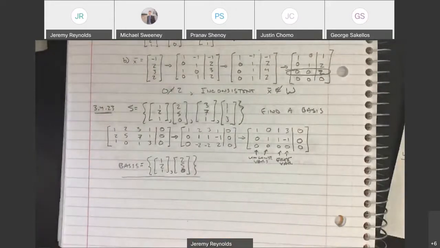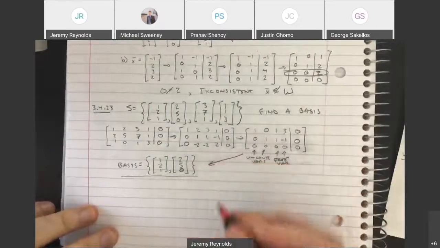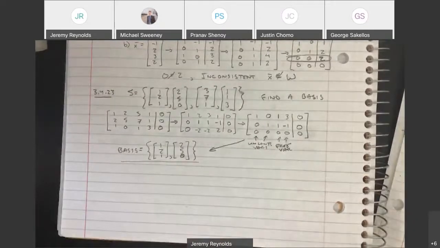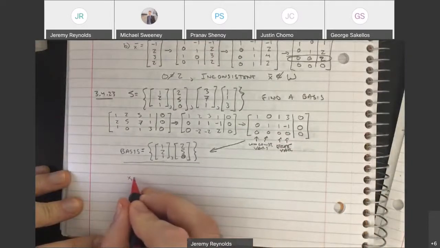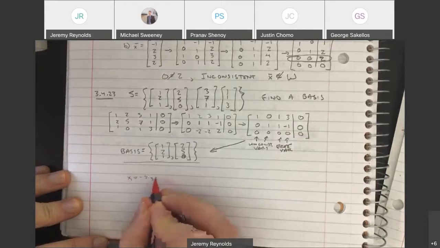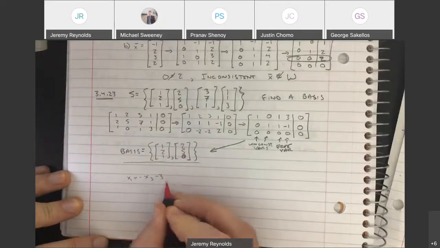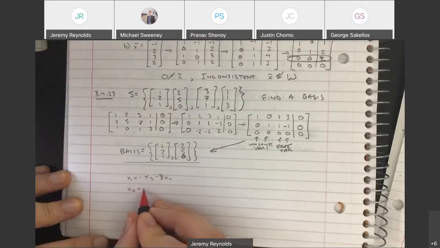And the reason that we can skip that step and go straight from there to there, just to give you some rationale so you understand where it's coming from. We have from the matrix that x1 equals negative x3 minus 3 x4, and we have that x2 equals negative x3 plus x4.